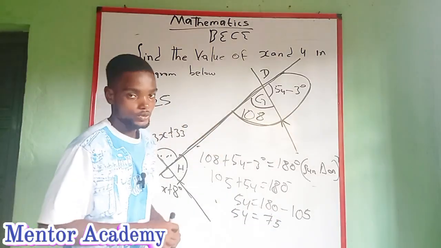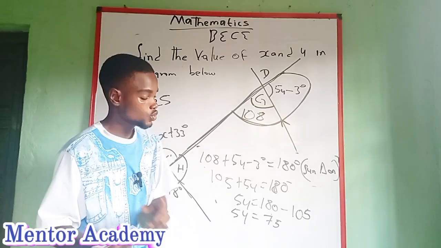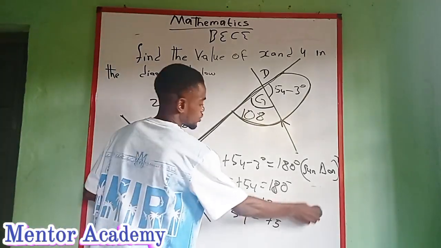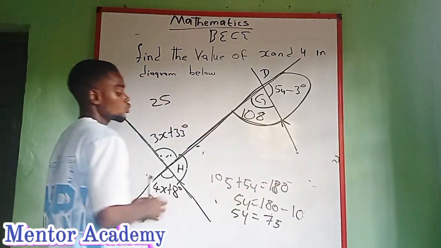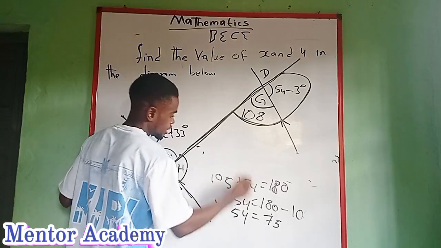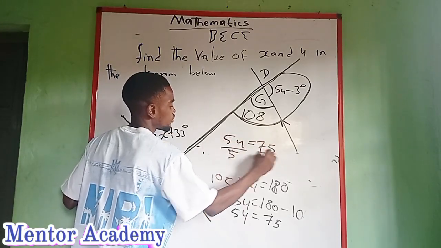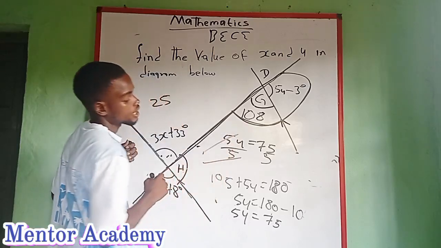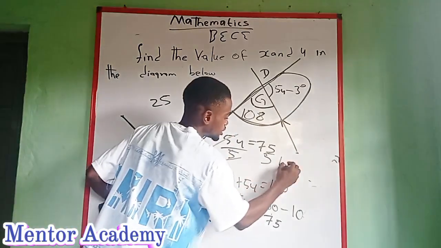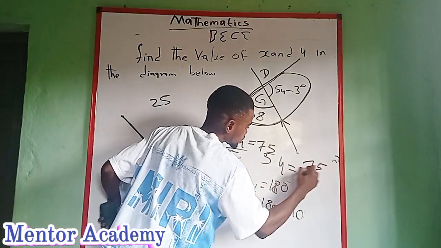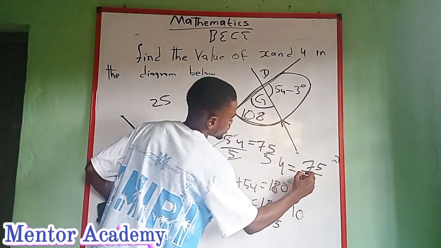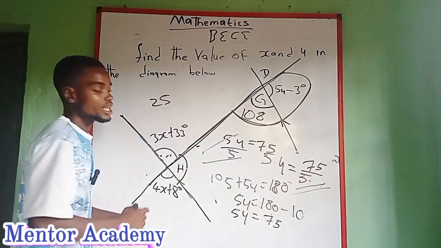Now, we're not looking for 5y, we're looking for just y. So I'm going to divide both sides by 5, so that y equals 75 divided by 5. This cancels this. I'm going to have y equals, now to show that you watched to the end, what is 75 over 5? Let me know in the comments.